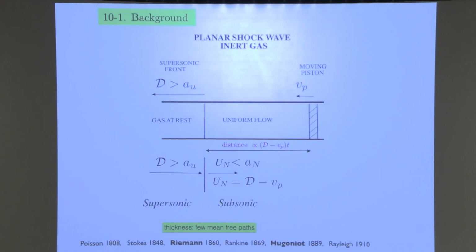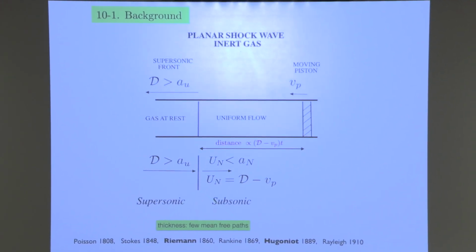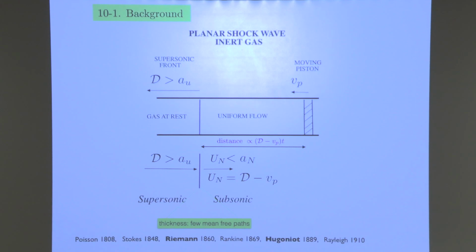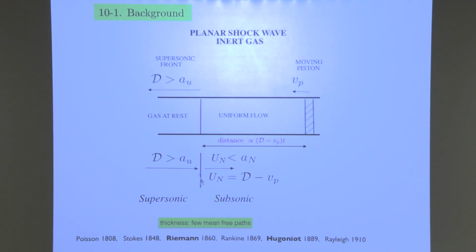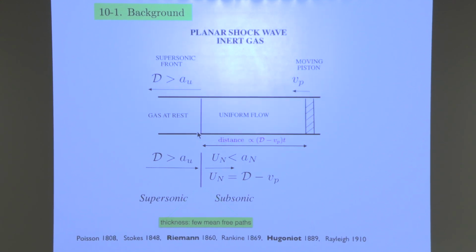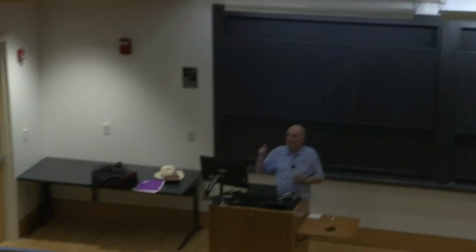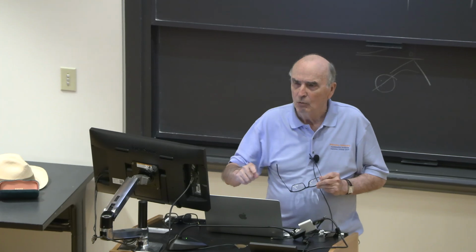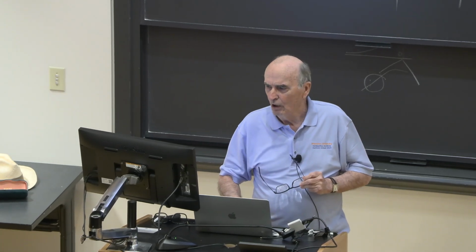That you cannot study the inner structure of a shock with a hydrodynamical equation, because the hydrodynamical equation, a macroscopic equation, assumes that all the lengths are much larger than the mean free path. This is true except when the Mach number of the flow is close to unity.